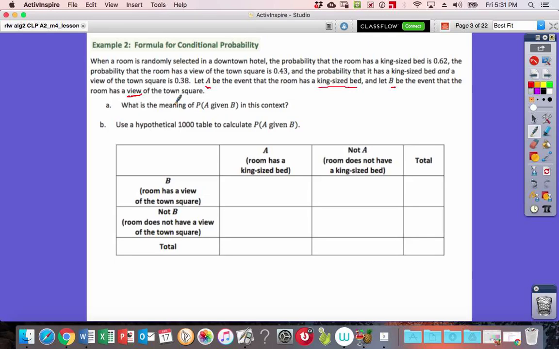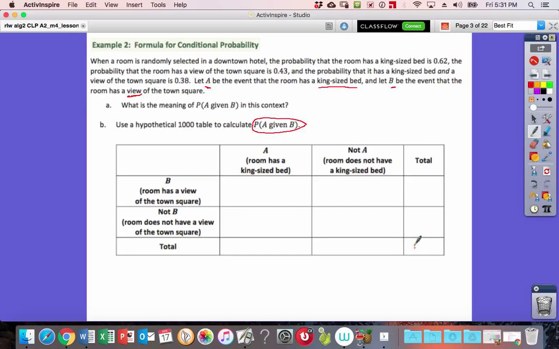The first question they ask is, what is the meaning of probability of A given B? Well, that's the probability that, given you have a room with a view, the room has a king-size bed. So this time we're going to do one of those hypothetical 1,000 tables to figure out what the probability of A given B is.